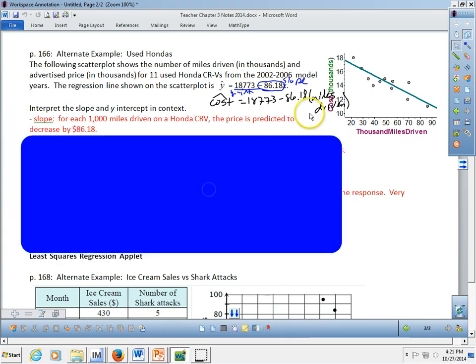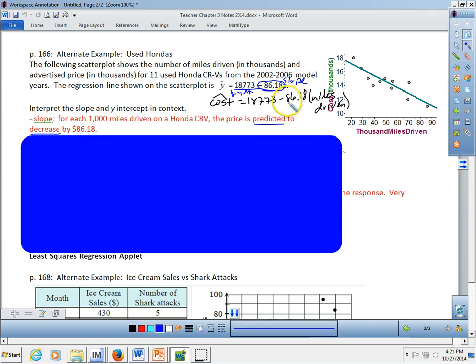For each 1,000 miles driven, so as I walk across the x-axis by 1 unit, and our units are 1,000 miles driven. So for each 1,000 miles driven on a Honda CR-V, the price is predicted, remember the equation's always predictions, the price is predicted, so that's pretty important to include, to decrease.